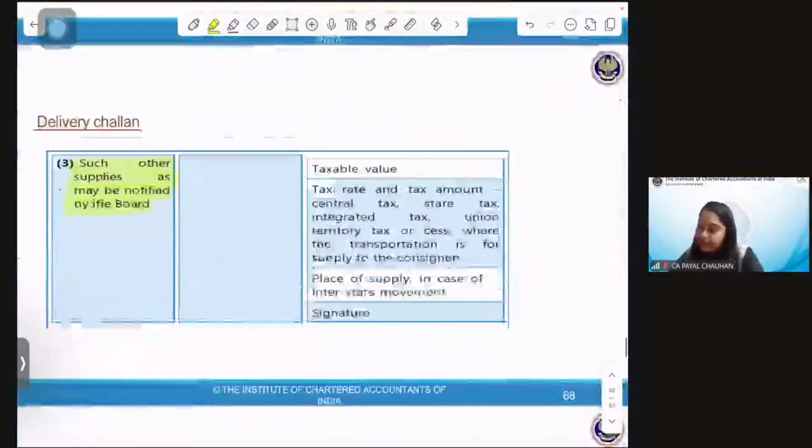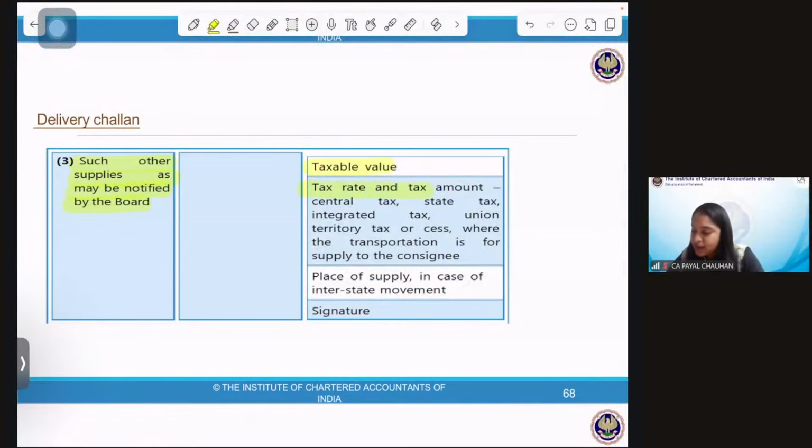Then taxable value, tax rate and tax amount, that is central tax, state tax, integrated tax, union territory tax or cess, where the transportation is for supply to the consignee. If my purpose is to supply the goods to the consignee, I may have a tax rate and the tax. Perfect, Navneet, perfect.